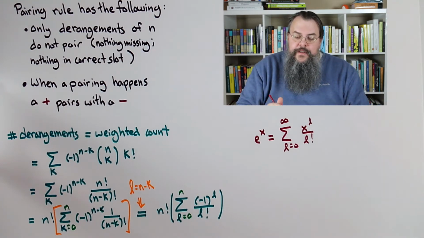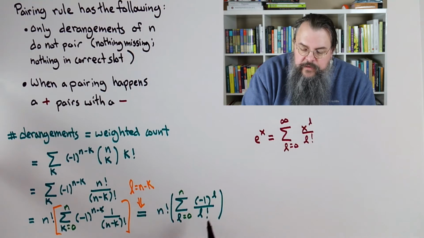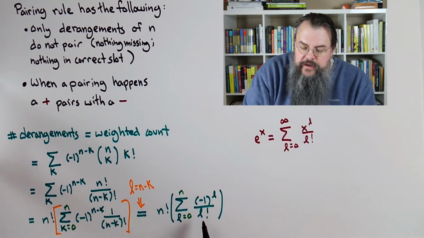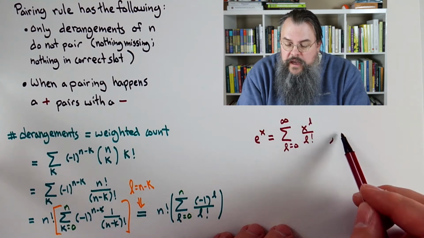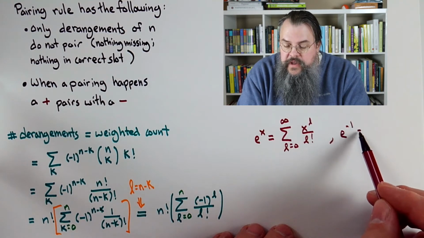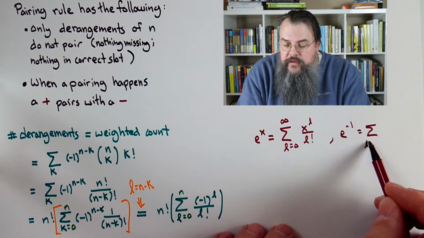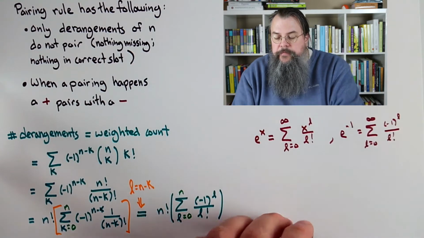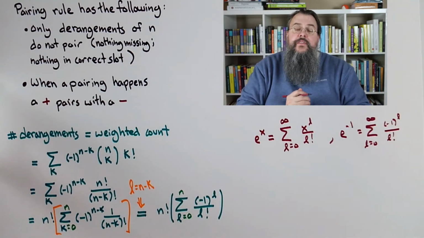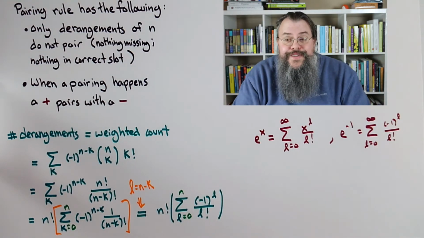Now, you might say, hey, it kind of feels familiar, right? We've got the L factorial downstairs, we have something to the L. And so one thing we can say is that e to the negative 1, well, that's the sum, 0 to infinity, minus 1 to the L over L factorial. So, how does that help us?